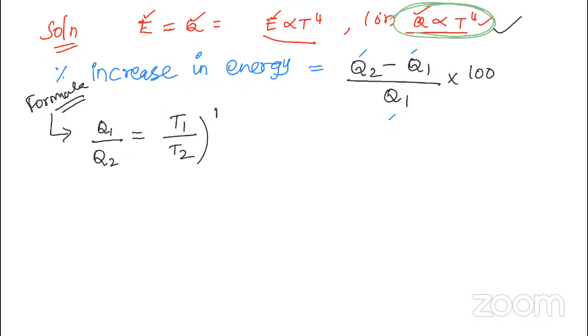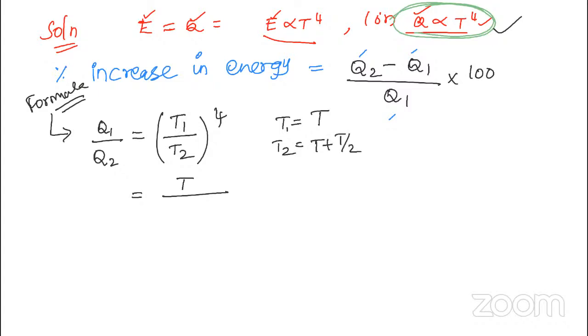Here the initial temperature is T, and it will be increasing by 50%. That is, you have to add to the initial value. What is the initial value? It is T. T order half the value should be increased. So T by 2 value, it should be T plus T by 2.